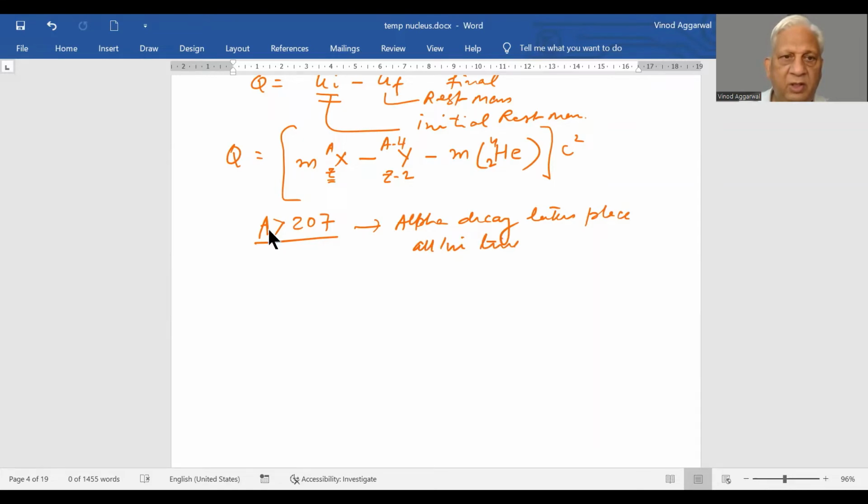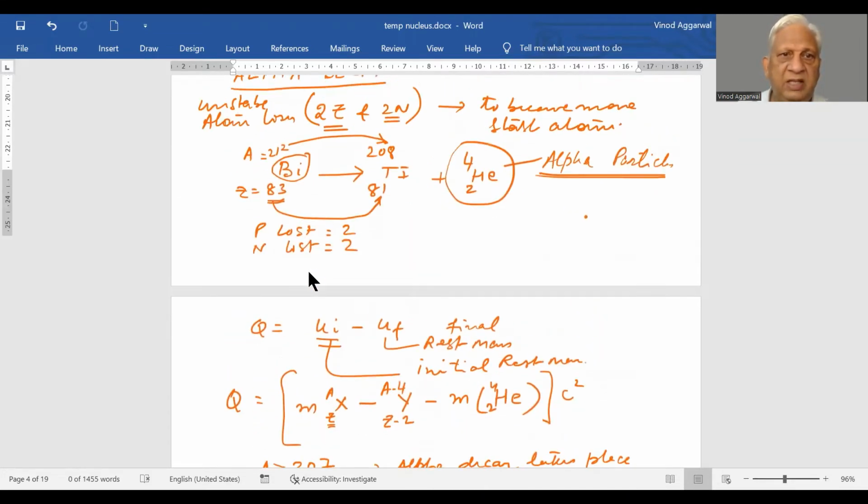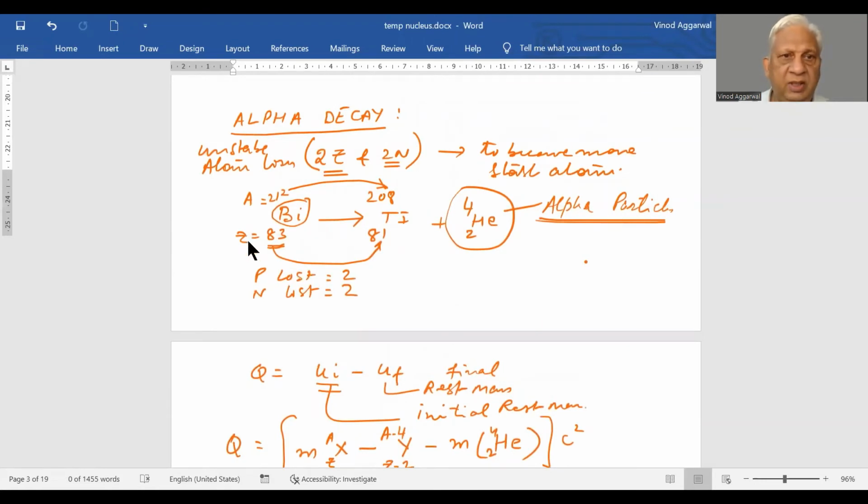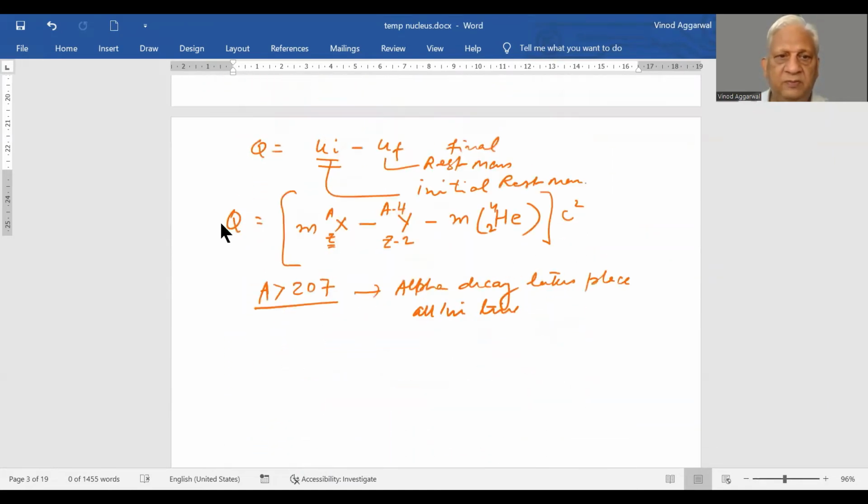Because when the atomic mass becomes greater, the nucleus, the atom is no more in a stable form. It tries to become stable by shedding 2 protons and 2 neutrons. So it becomes slightly lighter, and in the process, alpha particles are released in the form of energy. And the energy that is released is given by this formula.